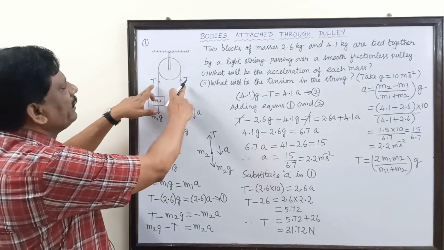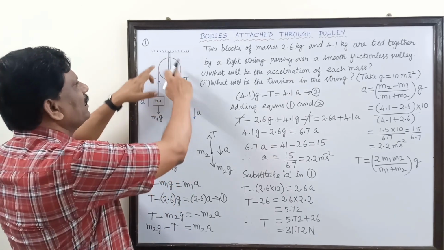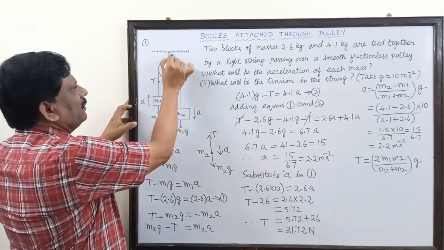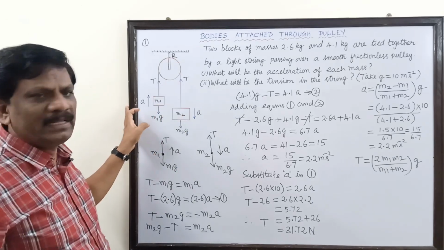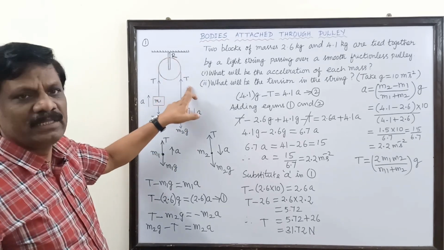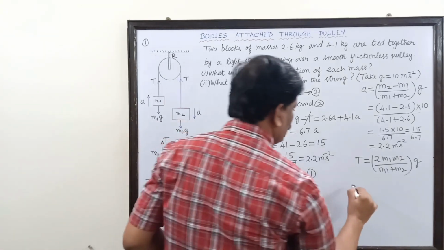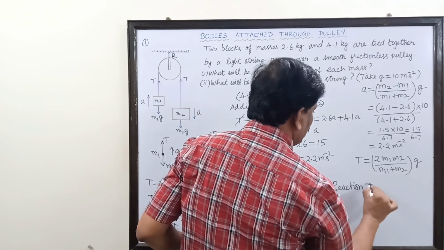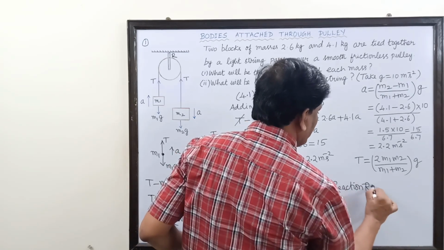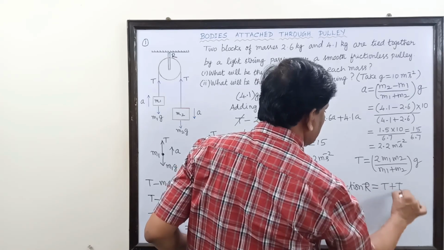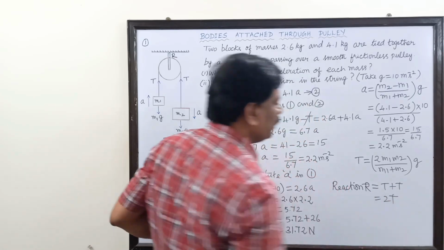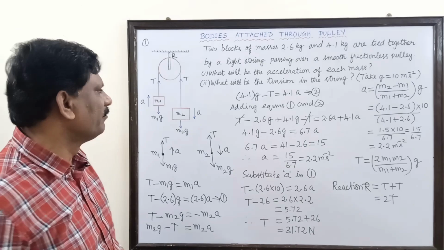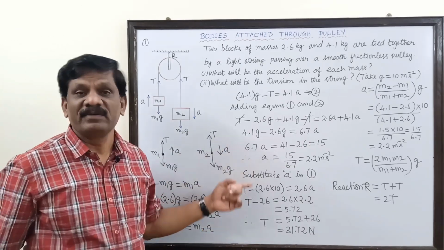If the two tensions are acting on the string, what will be the reaction due to the tension in the two strings? That also can be found. So the reaction force due to tension, R, is equal to T plus T, that is equal to 2T. You can substitute for T and find that also. I hope you must have understood well. Fine.